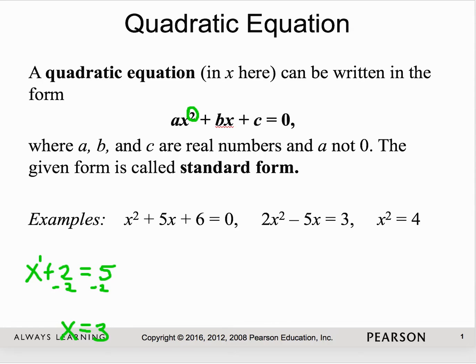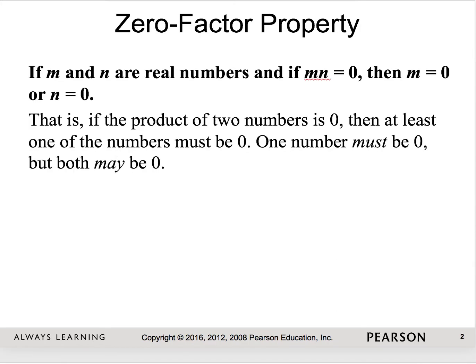If we have a quadratic equation, the method for linear equations does not work. Instead, I want to think about something called the zero product property. If you have two things multiplied together that equals 0, the only way that can happen is if one of them is 0.